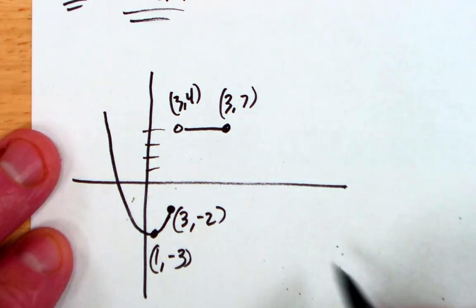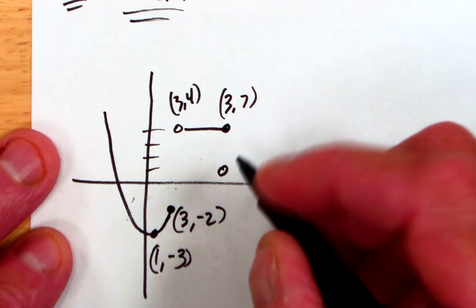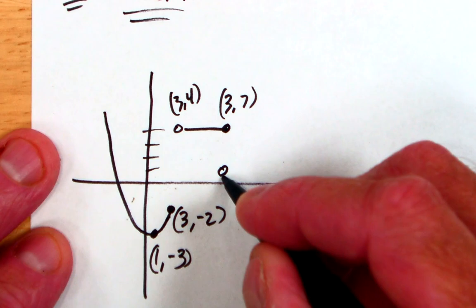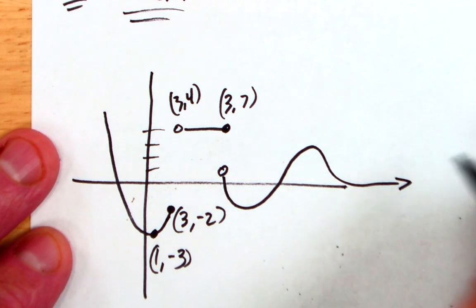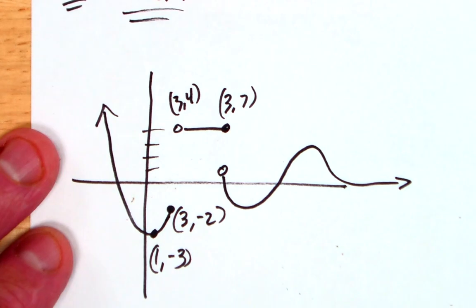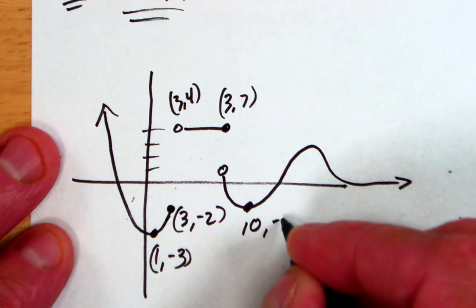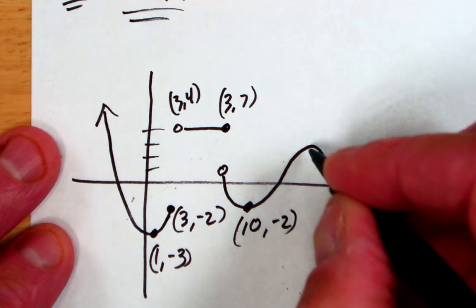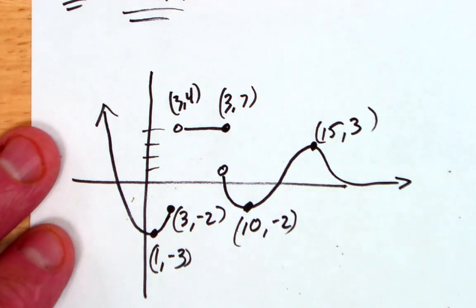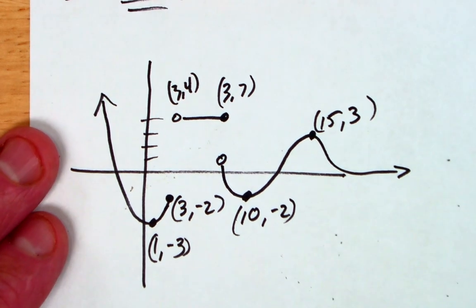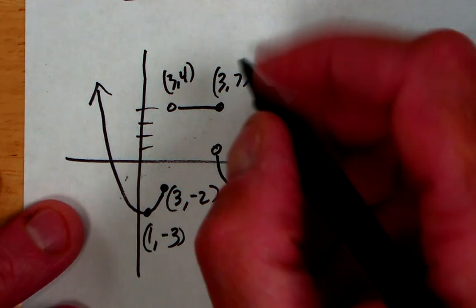What about this one? What about this one? Yeah, I know this is kind of funky, but we're going to use it all. Let's go 3, 4.